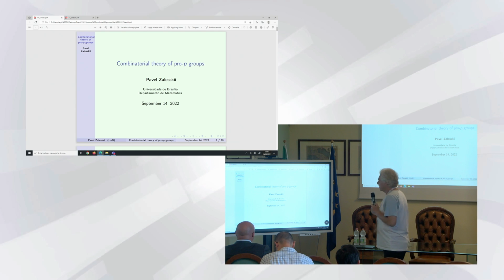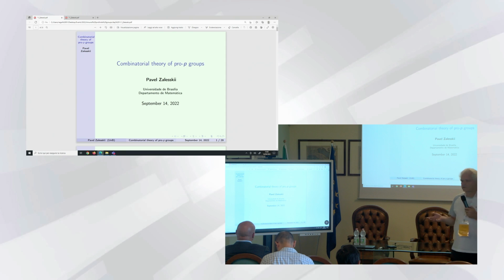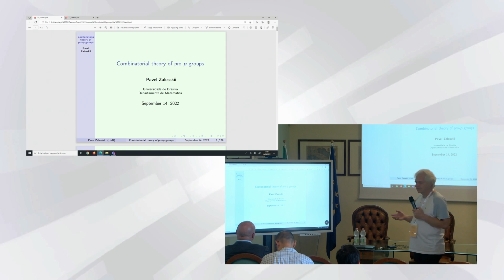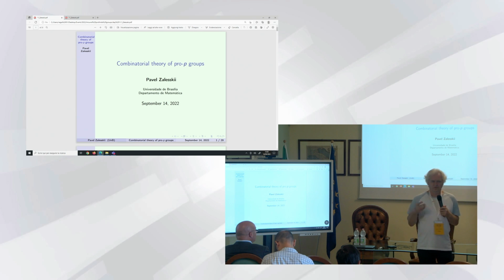The paper that I mentioned of Lubotzky on combinatorial theory of profinite groups had 3 results, and they were all about free profinite groups. He proved a profinite version of the Marshall Hall theorem, a version of the Hasse theorem, and he proved that the automorphism group of a free profinite group is virtually torsion free.